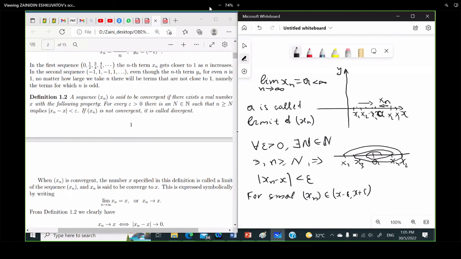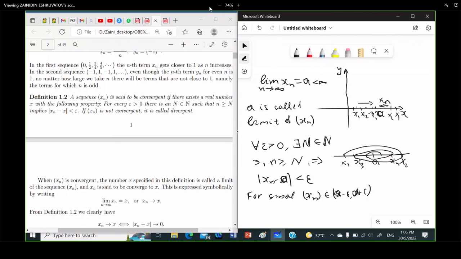In our case, this is A, so instead of x, I should put A. The values of xn lie in the small interval from A minus epsilon to A plus epsilon.